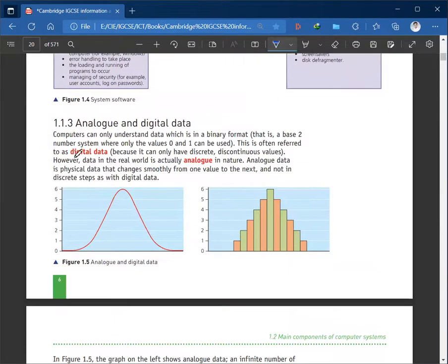Let's move on. Analog and digital data. Read it from here. Read only the highlighted part on the board. Computers only understand data in a binary format.